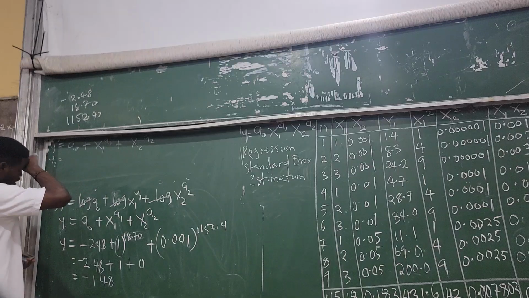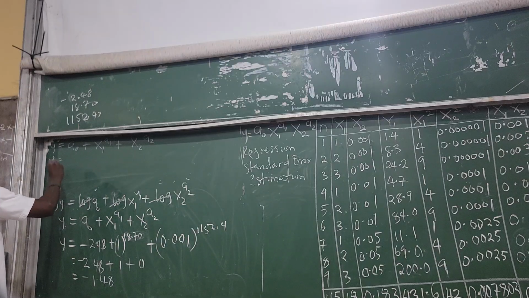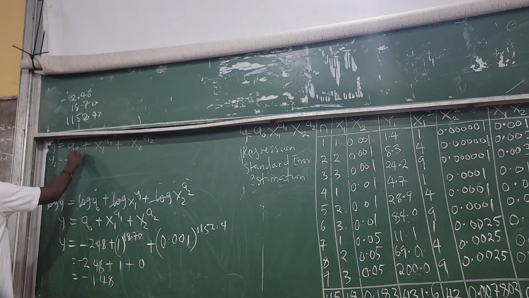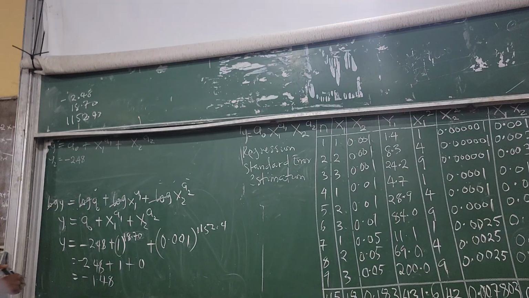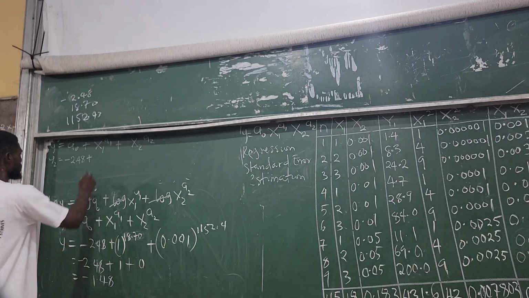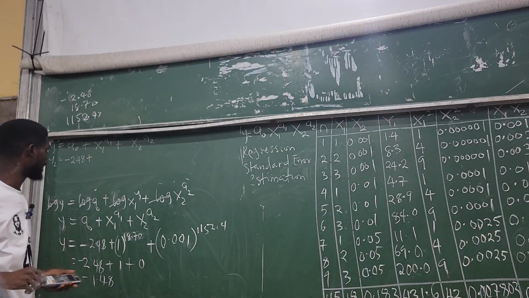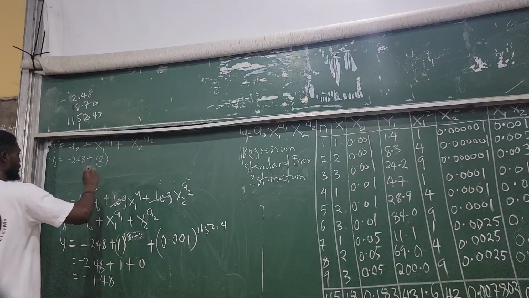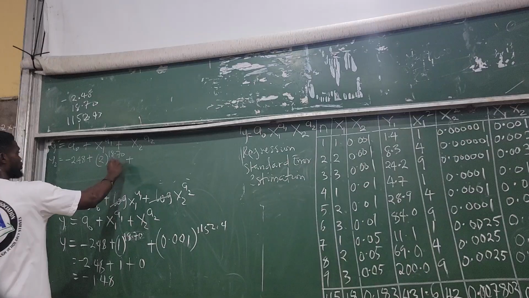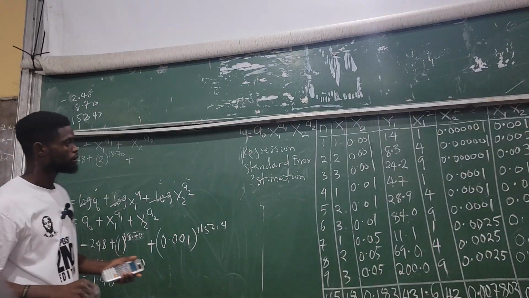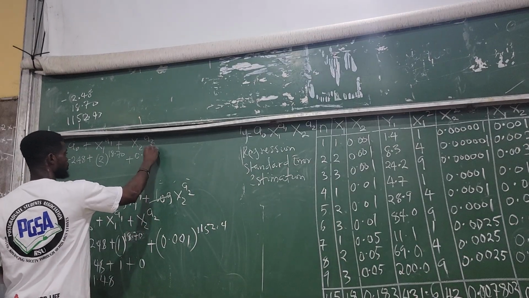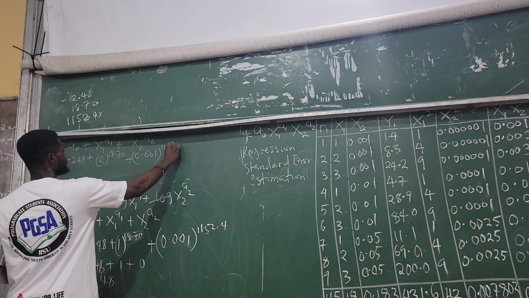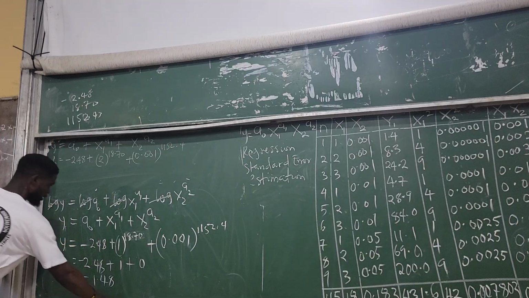Y for row 2 will give us minus 2.48 plus, for that x1 the column is 2, so we have 2 squared... A1 is 18.70, plus x2 for that column is 0.001 squared 1152.4. So if we do that, we can now clean this part.